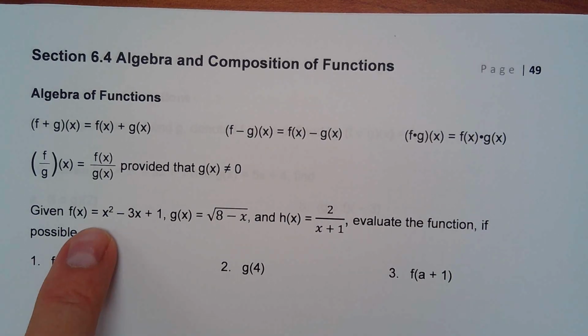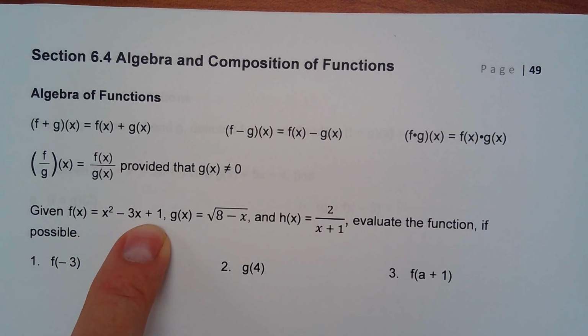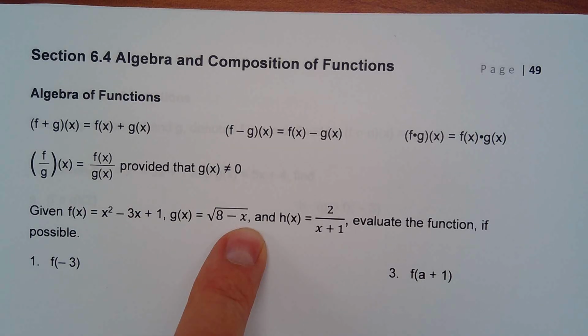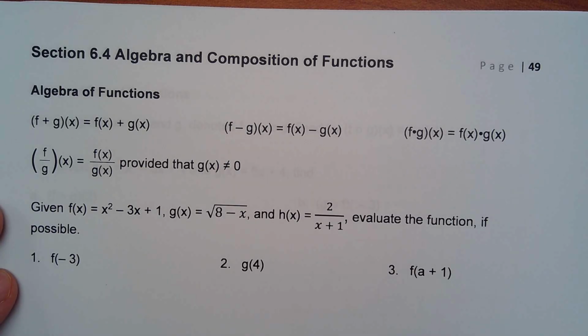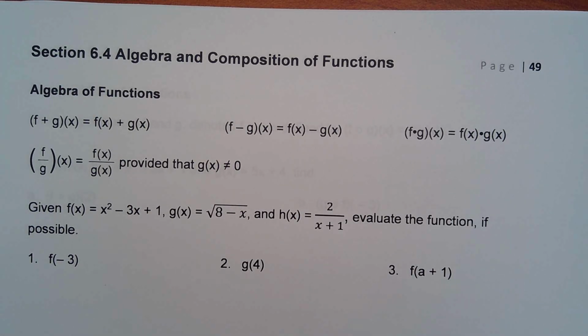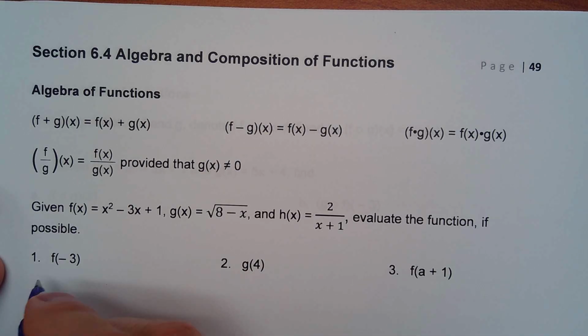And then given f of x equals x squared minus 3x plus 1, g of x equals the square root of 8 minus x, and h of x equals 2 over x plus 1, evaluate the functions if possible. So first of all, for the first few, we're just plugging in, getting familiar with the notation.